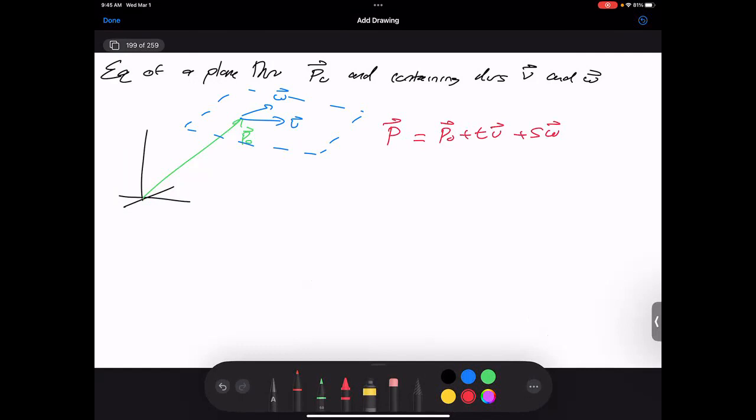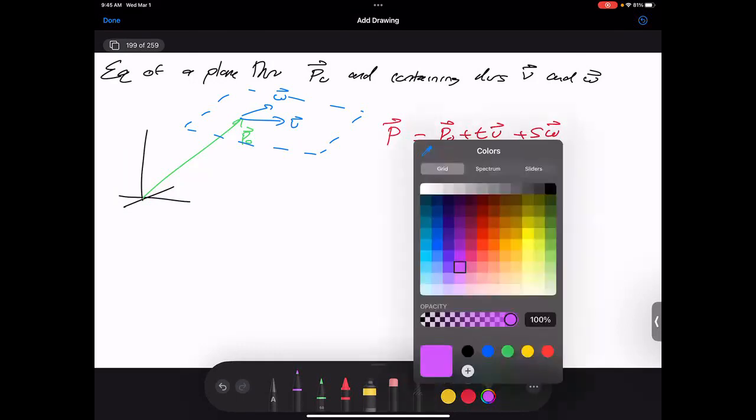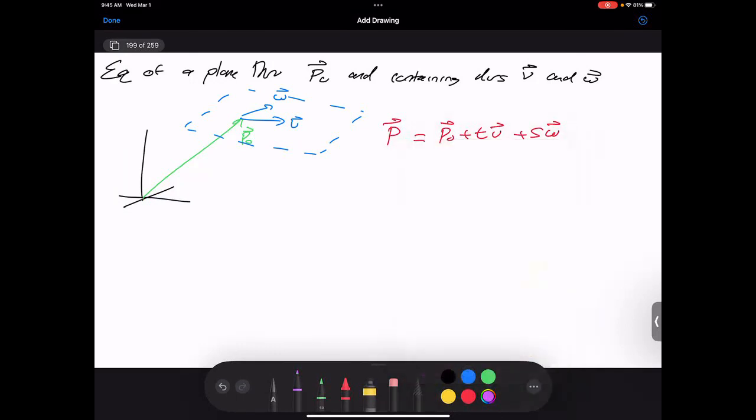I could also calculate the normal to the plane. And it's all points such that P minus P naught is perpendicular to the normal. I'm sorry, P minus P naught is going to be in the plane. It's got to be perpendicular to the normal direction. So what does it mean to be perpendicular to the normal direction?